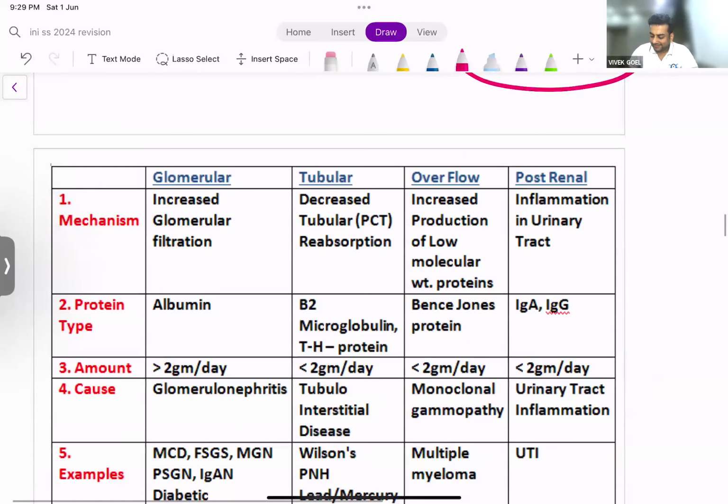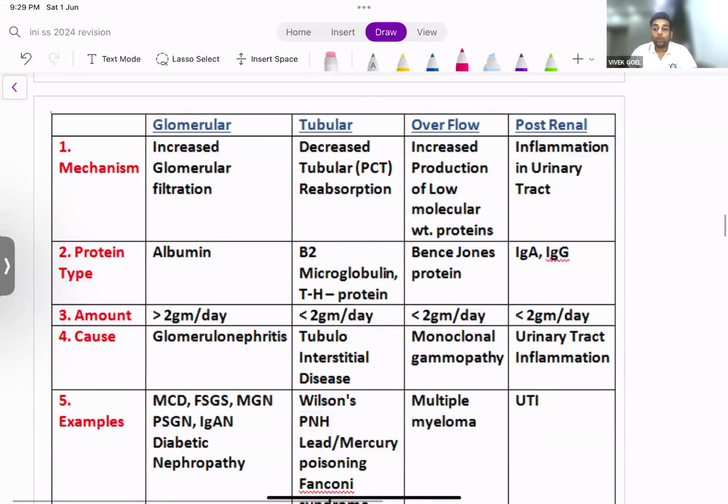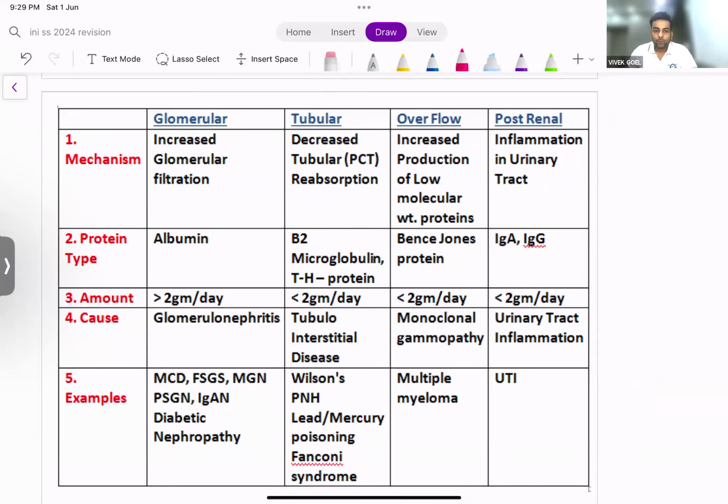Now, these are basically the types of proteinuria. The types of proteinuria are glomerular, tubular, overflow, and post-renal. Glomerular proteinuria occurs due to increased glomerular filtration, the chief protein being albumin, and usually the amount is moderate to high, so more than 2 grams per day. Most common cause is glomerulonephritis.